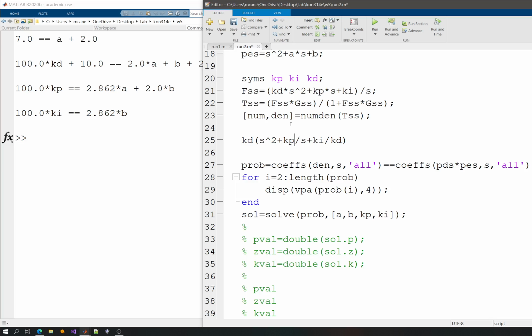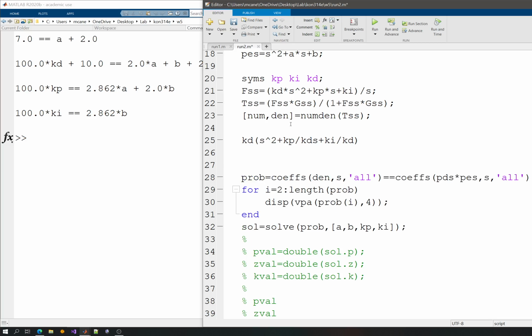And if I know KP and KI, basically I might assume that I somehow know where the zeros are, and I'm looking for the root locus gain or the gain of the controller, since it very much looks like this here.